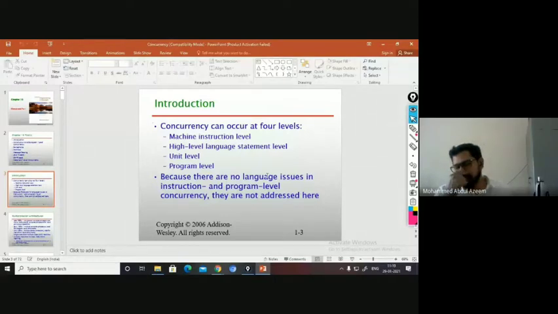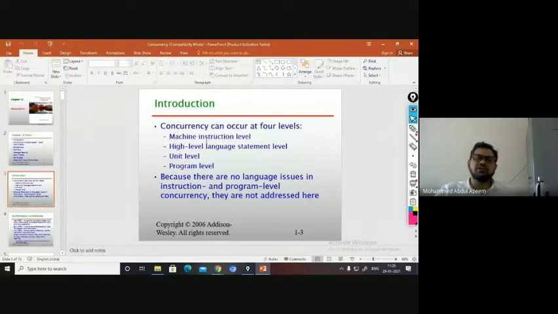Okay. But then coming to the programming language level, going a little ahead, you can also allow concurrency at the programming language level, right? Concurrency basically can be achieved at 4 levels. One is the machine instruction level.